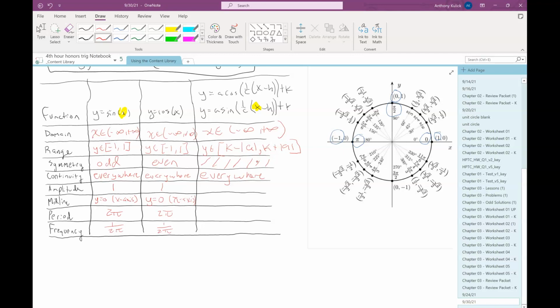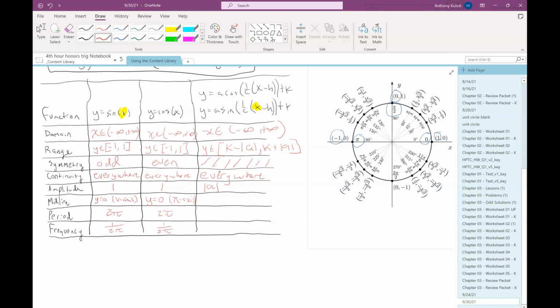Is that change going to be multiplicative or additive? Multiplicative, because it's an A. Since the amplitude was 1 before, 1 times A is just going to be A. And because we're talking about a distance, and A can be positive or negative, I'm going to call it absolute value A. Again, an amplitude is a distance, so it should be a positive number.